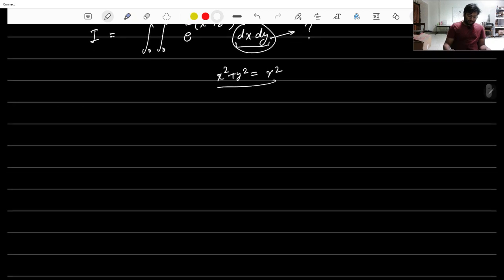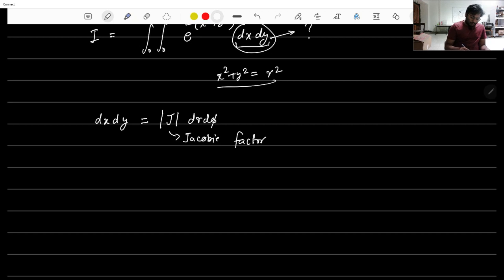To do that, there is a method called the Jacobian matrix, and we take the determinant of that. Let me write that. The elementary area in one coordinate system is related to that in another coordinate system by a factor called the Jacobian factor, and this is dr d phi.